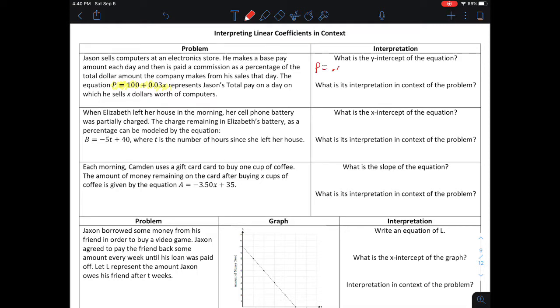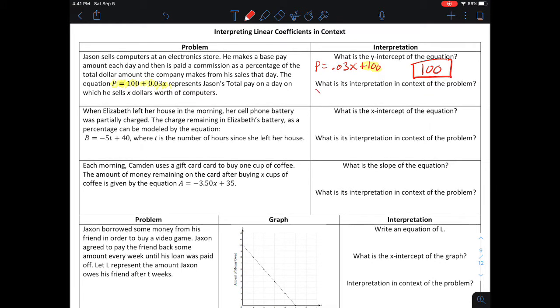Well, our equation here, P equals, if I rearrange the terms, 0.03x plus 100, that's y equals mx plus b form, where the 100 is the y-intercept. So the y-intercept is 100. Now, in context of this problem, what does that mean?